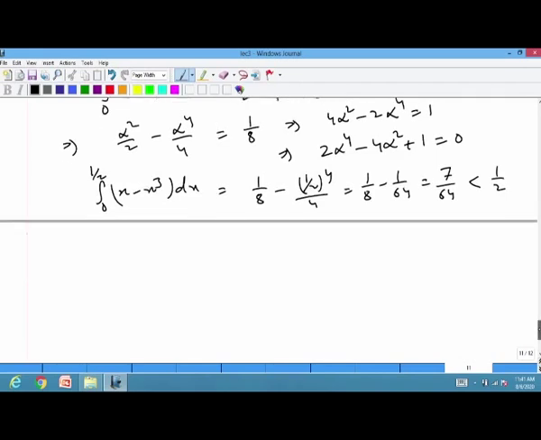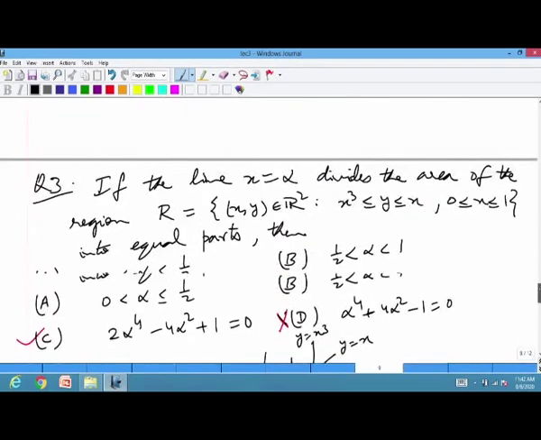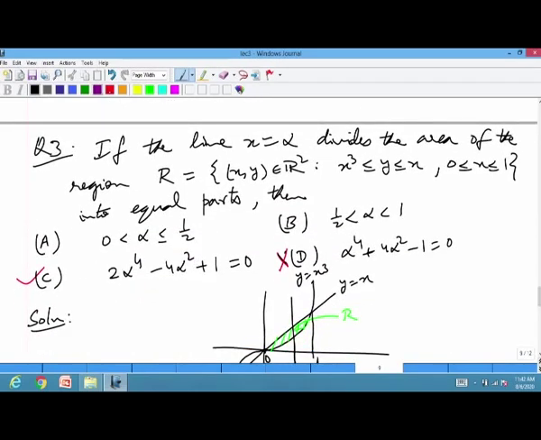So, therefore, alpha must be bigger than half. This implies alpha has to be between half and 1. So, that means that option B is correct and A is wrong.